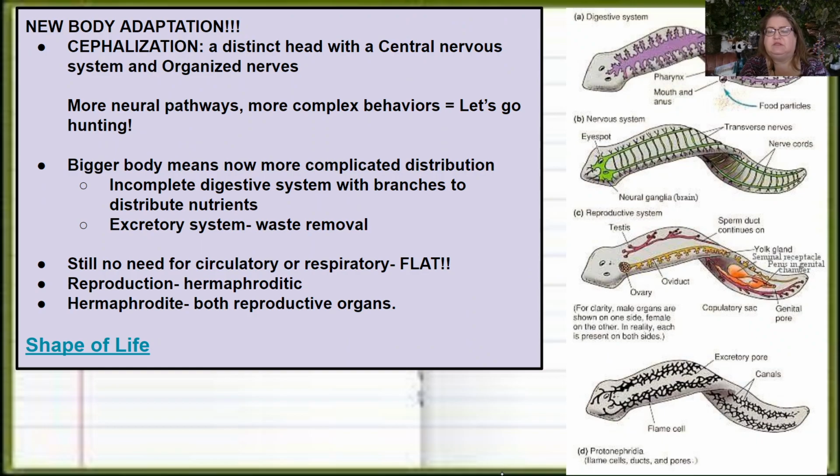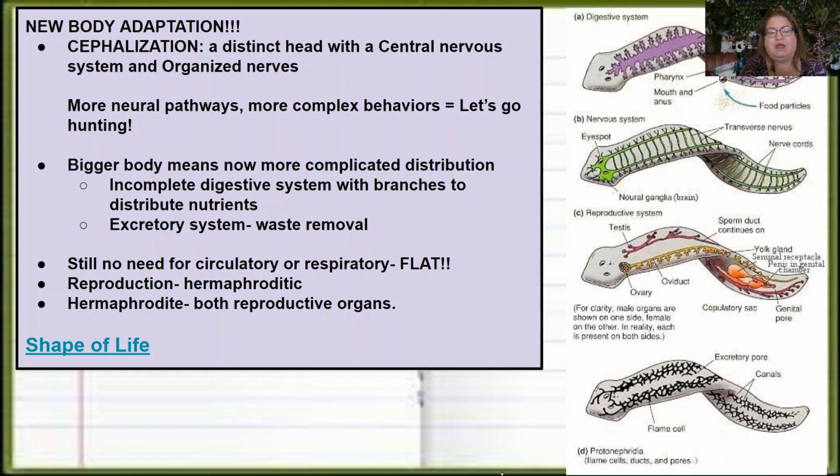The new things that you want to notice with planarians is they have a head. Now that does not seem like that big of a deal, but if you have a head, you also now have a central nervous system, a brain. Now it's not much of a brain. It's not a brain to write home about. But when you have a central nervous system, you also suddenly have more organized nerves.